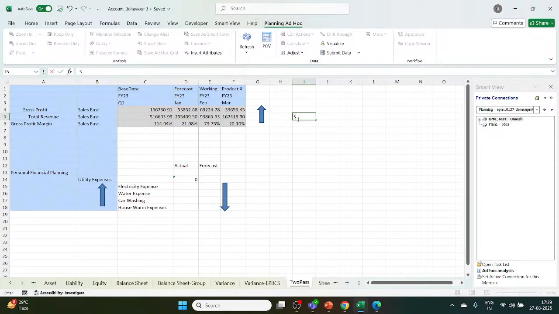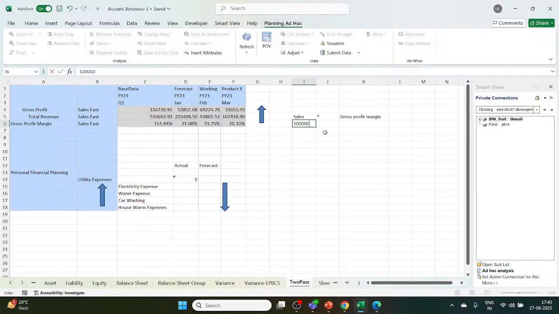Here the sales multiplied by the gross profit margin. Here the actual amount is like 1 lakh rupees.